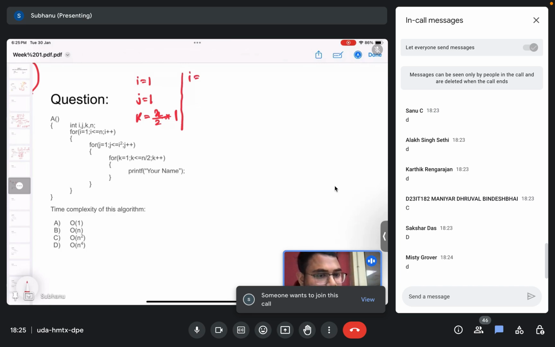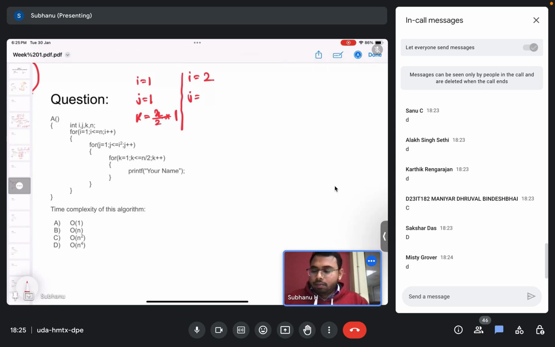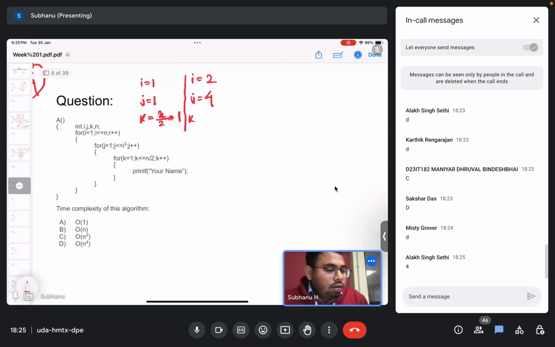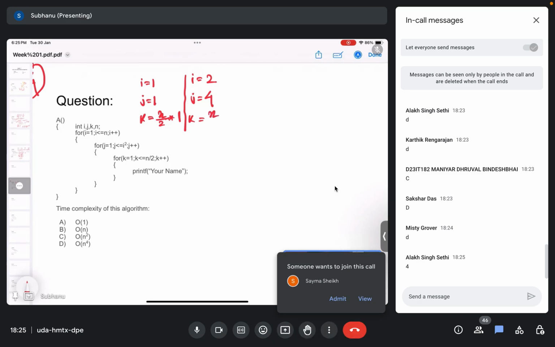Now for i is equal to 2, what will be the value of j? The value of j will be 4. And how many times will k run? k will run till n by 2 into 4.